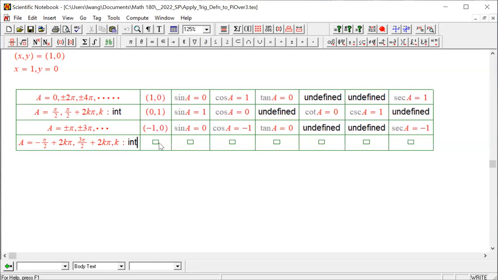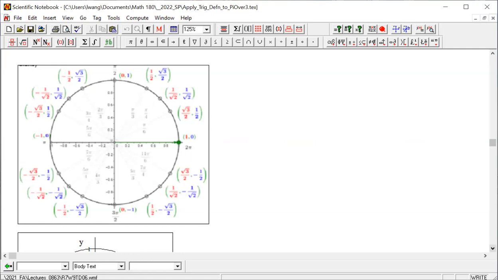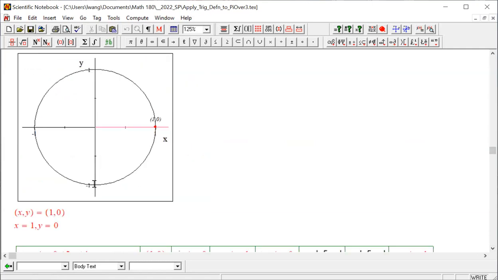So in this case, the point on that terminal intersecting with the unit circle would be this point, and that point is 0, -1.